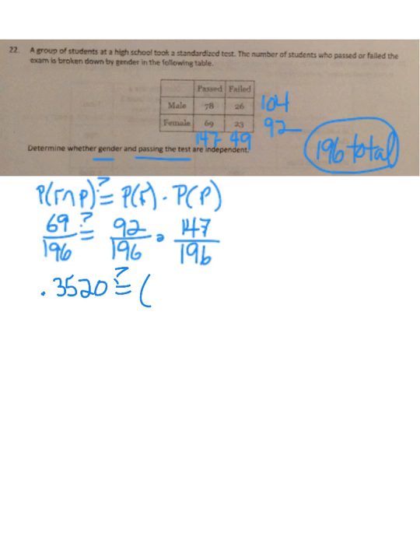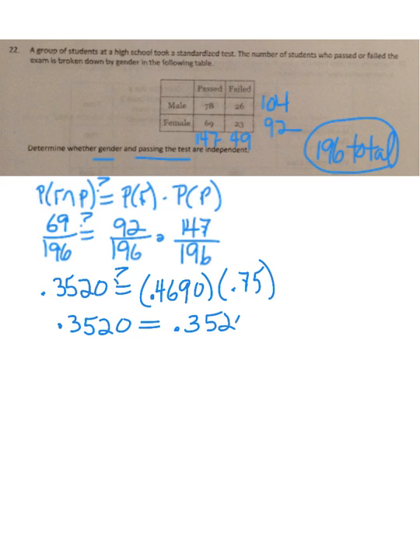And 92 over 196 is 0.4690. And 147 over 196 is 0.75. So I multiply that out on the right-hand side, and on the left-hand side, obviously, I have 0.3520, and woohoo, look at what I've got here, 0.3520.